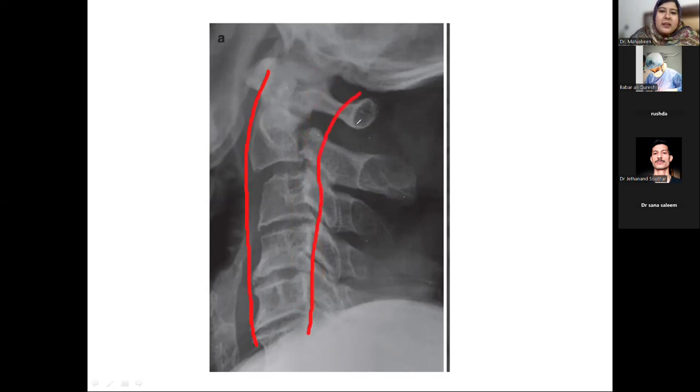So here in the interspinous and supraspinous, I'm sorry, I'm not able to draw. The point that I want to make is that there is no alignment in this particular set. So there is dislocation or subluxation of C2 over C3, number one, and number two, there is a fracture of the pars interarticularis of C2. So this is a type of fracture that's known as the hangman's fracture.